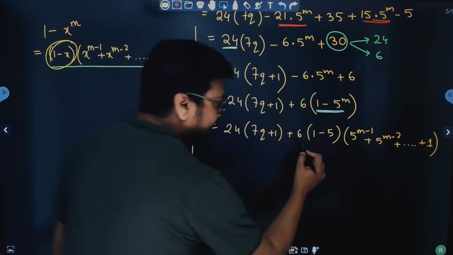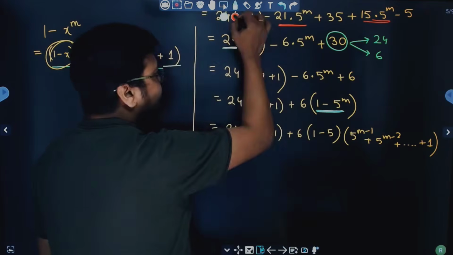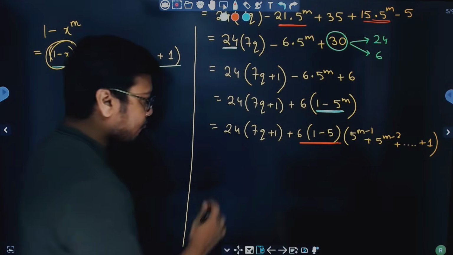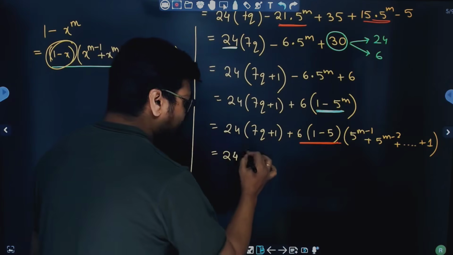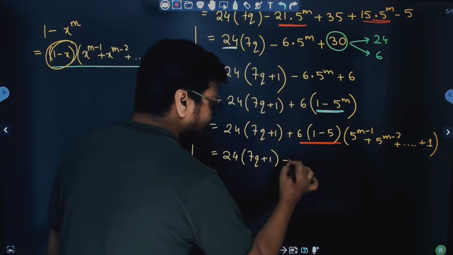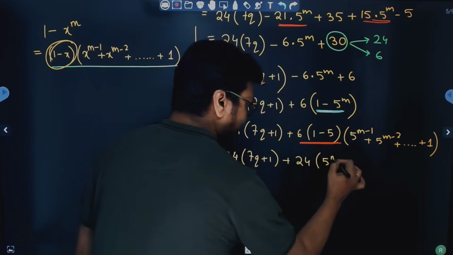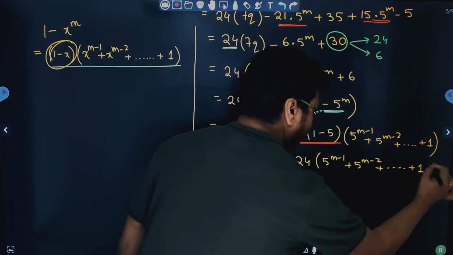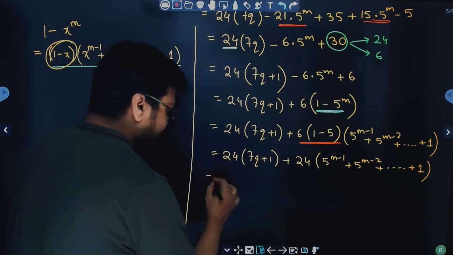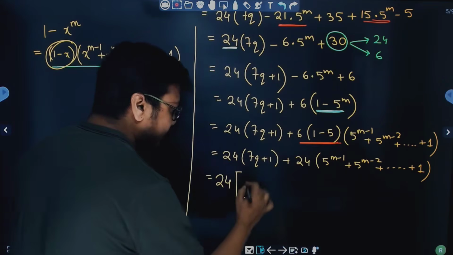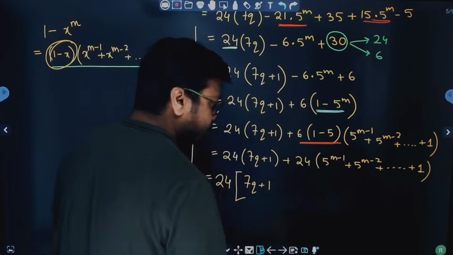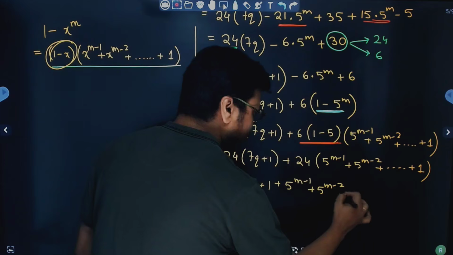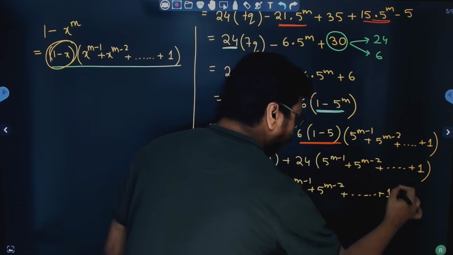So now you can see I have got 1 minus 5, which is minus 4, and that's my 24 which I was looking for. Okay, so 24 times 7q plus 1 plus 24 times 5 to the power m minus 1 plus 5 to the power m minus 2 plus all the way down till 1, right? So now I can take an entire 24 common. I will be having 7q plus 1 plus 5 to the power m minus 1, 5 to the power m minus 2, all the way down up till 1.